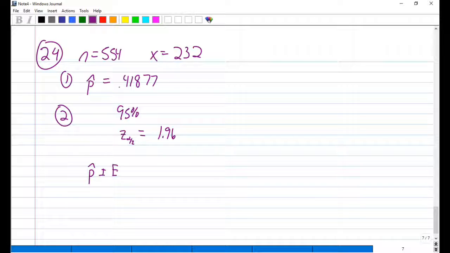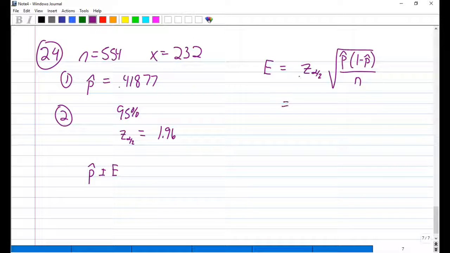Now the problem did not give me the margin of error, so I have to figure that out. That's the main thing that I have to figure out before I can proceed in step 2. The margin of error is equal to the critical z-score times the square root of p hat times 1 minus p hat divided by n.